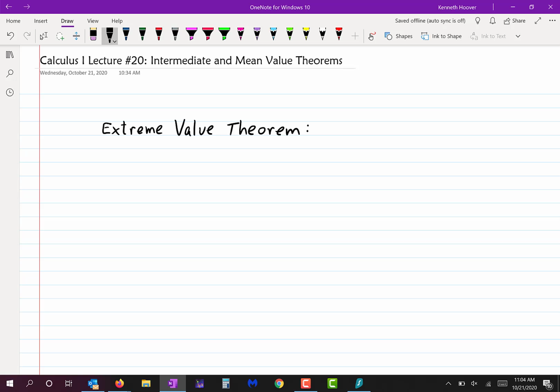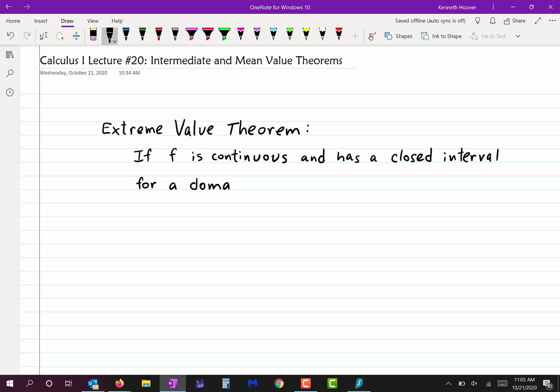These all have to do with continuous functions. The extreme value theorem says if f is continuous, and has a closed interval for a domain, and that doesn't necessarily mean that the normal domain of f is just a closed interval.